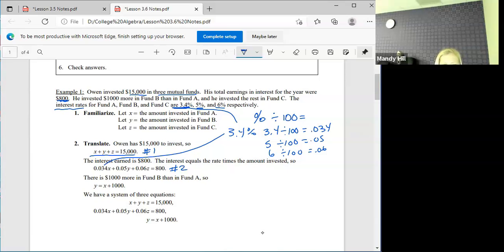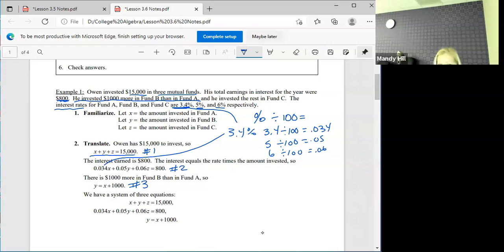Then we've got some more information that says he invested $1,000 more in Fund B than in Fund A. Fund B is Y, so they said Fund A plus 1,000 must equal Fund B. So that's a third equation.